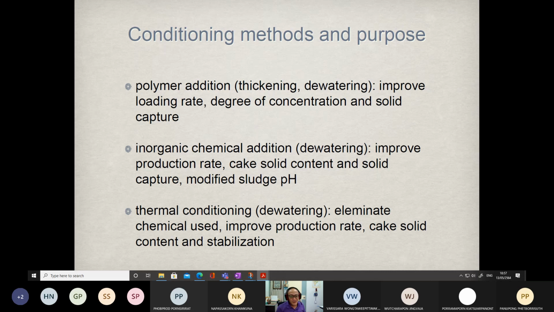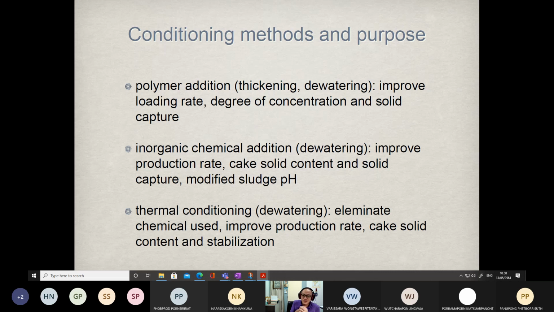There are various types of chemicals that we can use: polymer addition, and inorganic chemical additions like alum, and even iron.